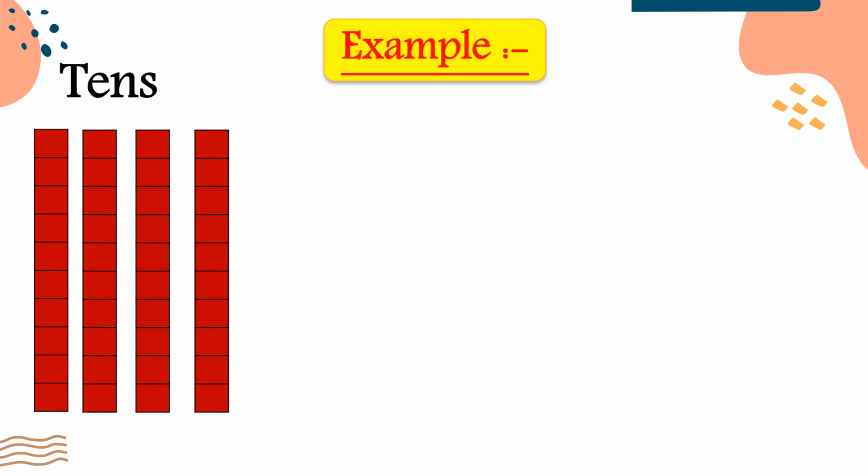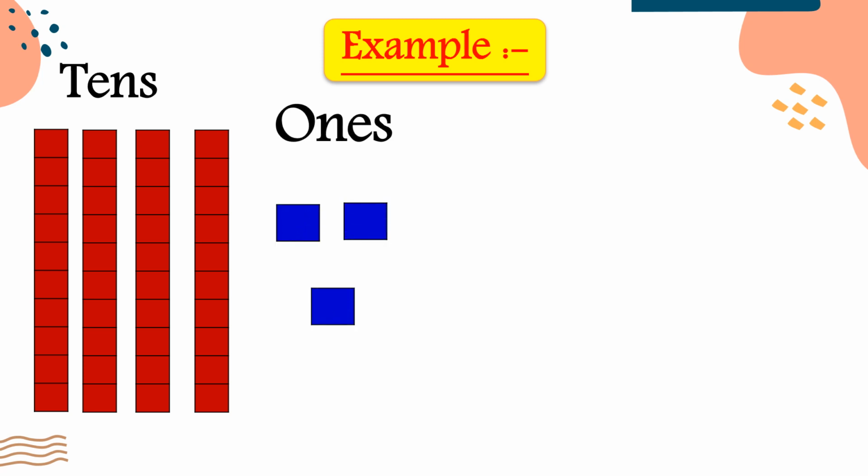For example, if I have 1, 2, 3, 4 sticks. Sticks mean that I have 40 small squares. 4 sticks mean 4 tens. And if I have 1, 2, 3 small squares, 3 ones.